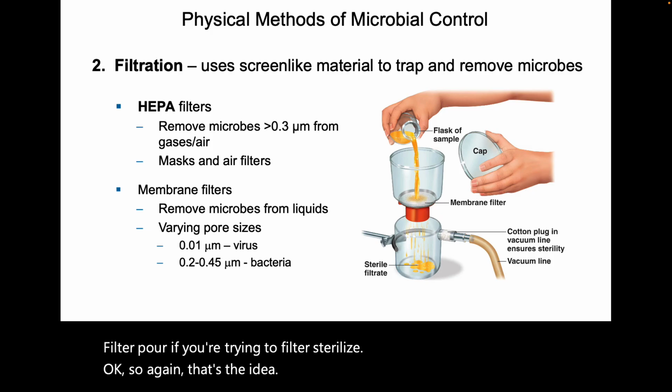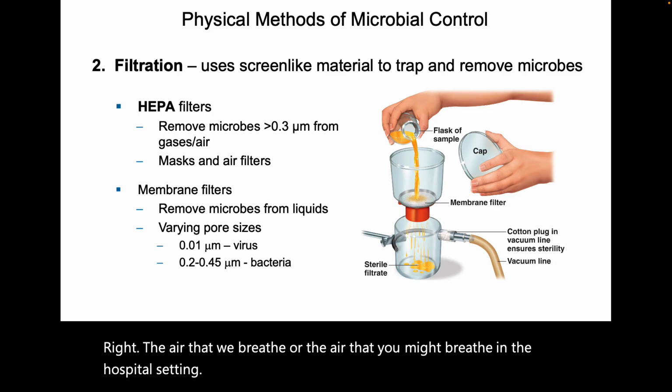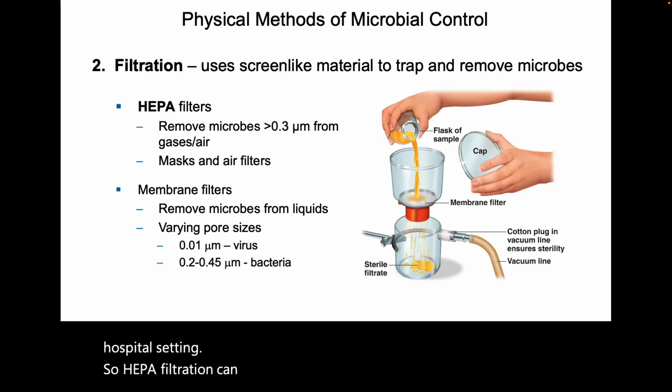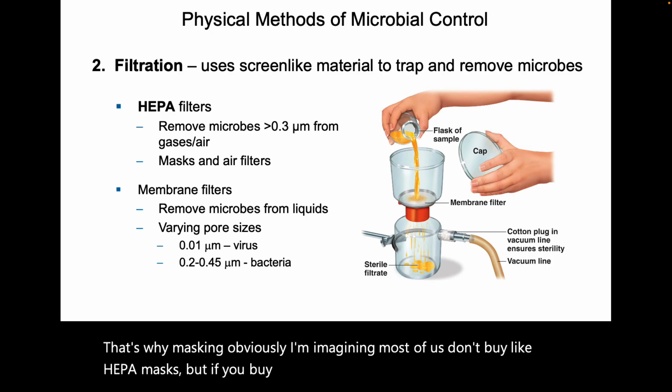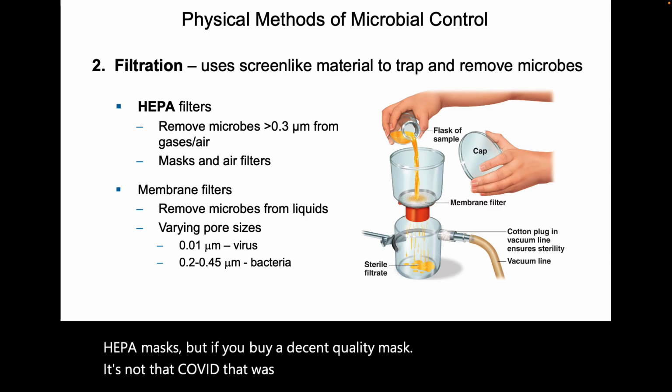It's also very difficult to autoclave air, right? The air that we breathe or the air that you might breathe in the hospital setting. So HEPA filtration can be used for that, to trap as much as possible and remove it from gases and air. That's why masking, obviously I'm imagining most of us don't buy HEPA masks, but if you buy a decent quality mask, it's not that, oh, well, COVID's so small, it can pass through a mask.